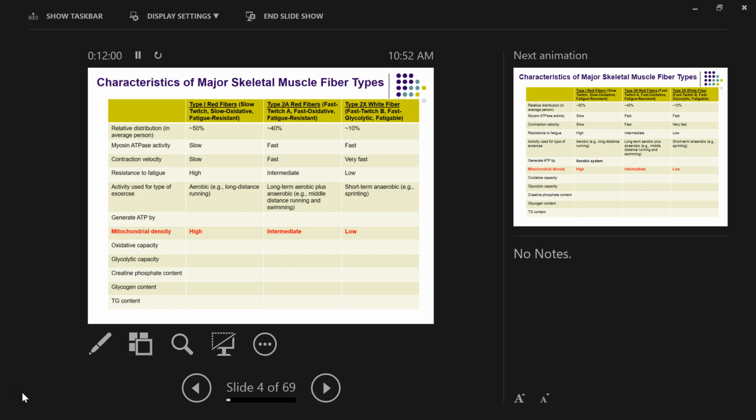Type 1, yes, because type 1 have higher oxidative capacity, so you're able to use fat as energy, but type 2 is not able to use fat. So it's no use for type 2 to store triglyceride. So that's why type 1 fibers should have a higher TG content.